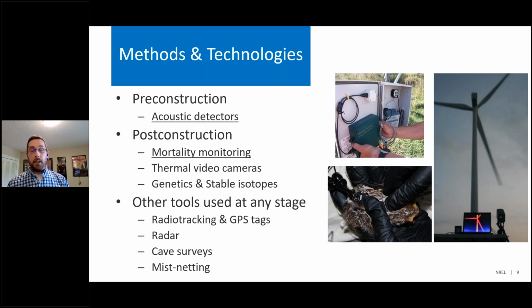And certainly there are other tools that can be used either in pre or post-construction settings, or not even related to a project site. Radio tracking and GPS tags are an example that aren't commonly used in wind energy studies, but can provide information on how bats are using the landscape that might inform our decisions. Radar is another tool, as well as cave surveys and mist netting.